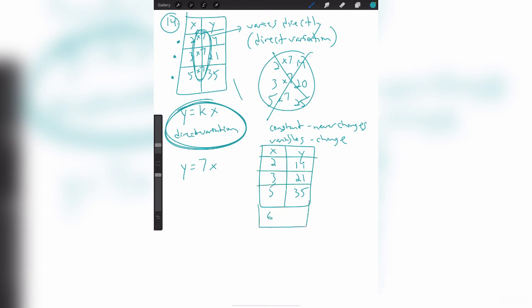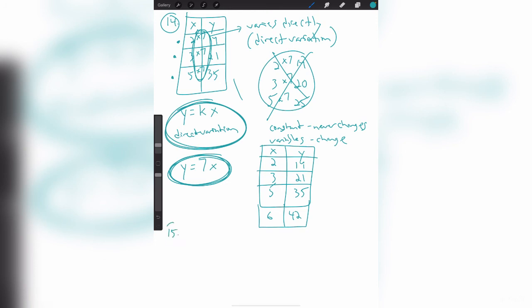If I were to look in the future and think, what would 6 give me? Well, that'd be as easy as saying 7 times 6, because that's my x value. 7 times 6 here gives me 42. So you come up with an equation so that later on down the road, we're able to add different values in there and still work with it.